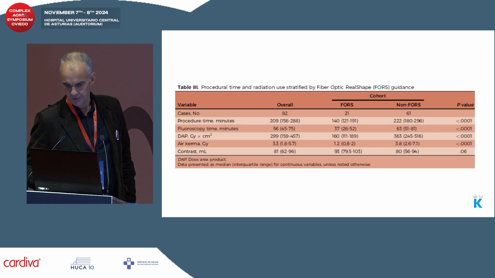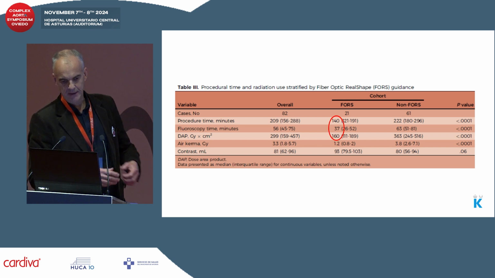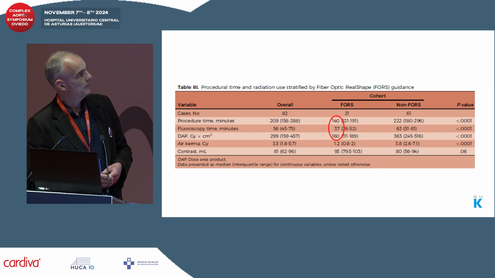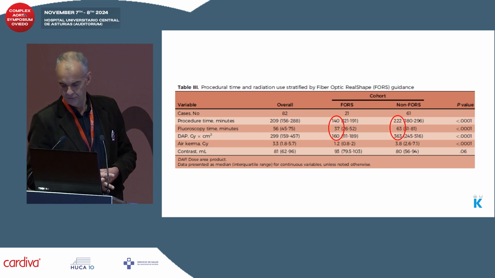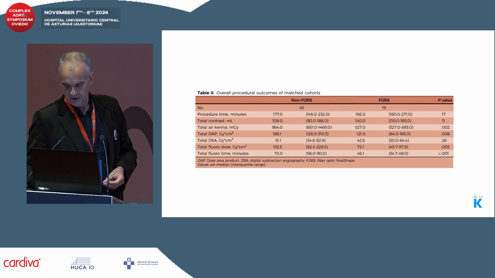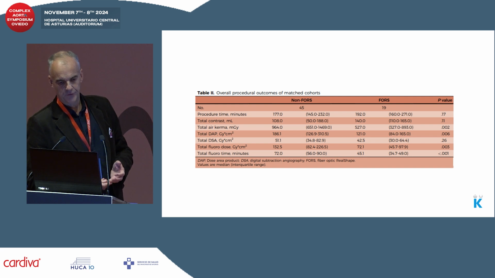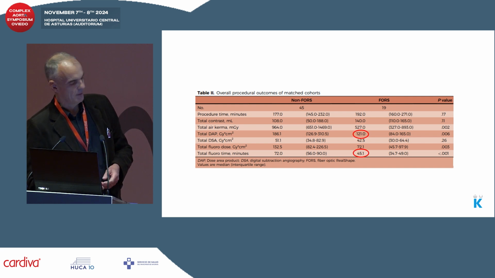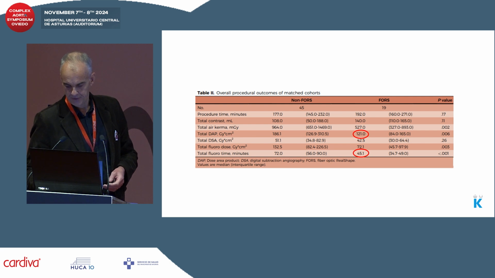They found a 30 to 50% reduction in the FORS group as compared to the controls, relating to procedure time, fluoroscopy time, and total X-ray use. This is a study from this year, also American, which has very similar results. These are PMEG procedures, with X-ray use and fluoroscopy time down by 35%.